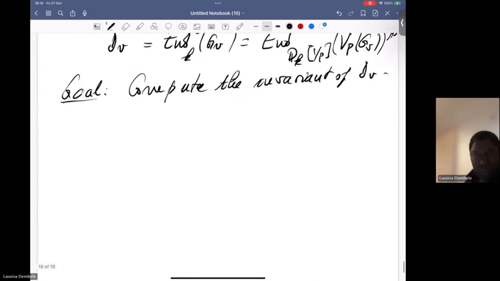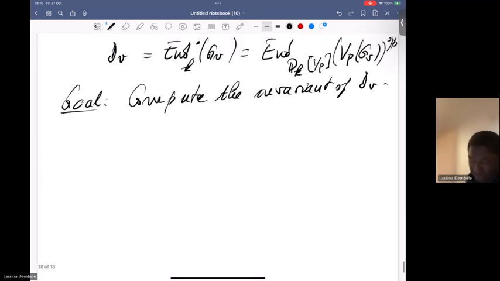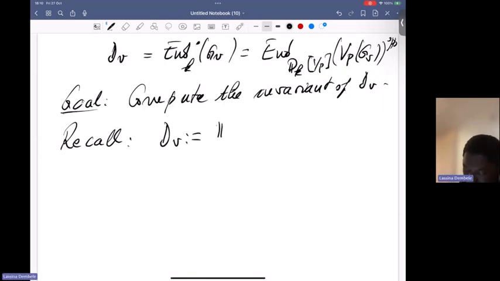And now the decomposition that we saw, which we wrote above, so recall that we know that D_v by construction is equal to this.